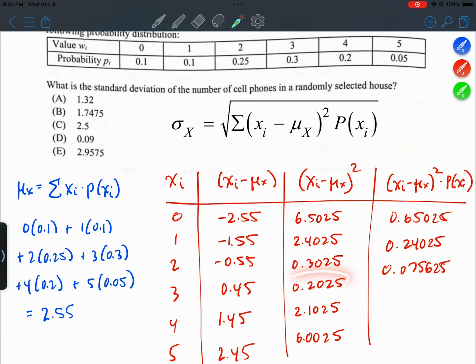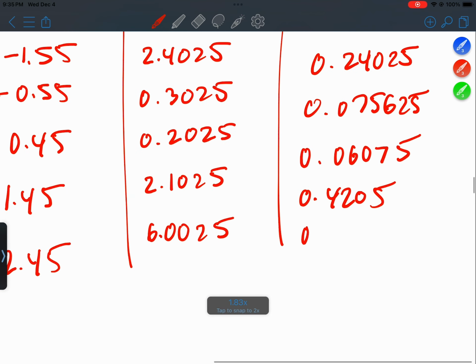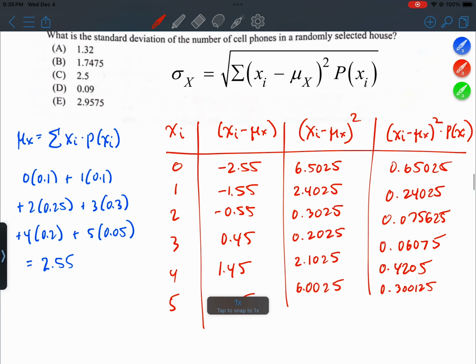Okay, now we're going to multiply this value, the fourth one, times the fourth probability, 0.06075. All right, and then the fifth value times the fifth probability, 0.4205. Finally, the last value times the last probability, and we get 0.300125. Whew. All right, so that's pretty much all the hard work.